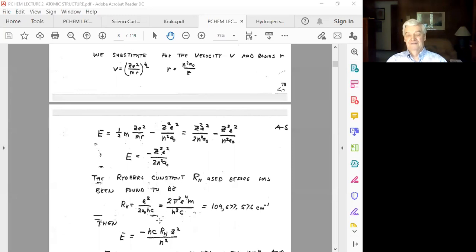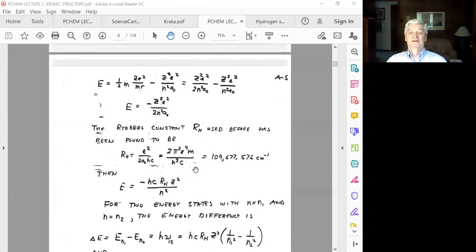And don't worry about units right now. I'll try to review them all later when we have to work with these things. But if we want it in wave numbers, we have to put an hc in there. Right here, this simply would come out to be this in joule units if we worked it up there.